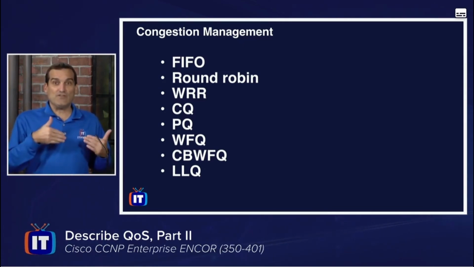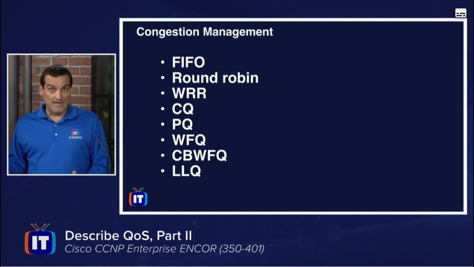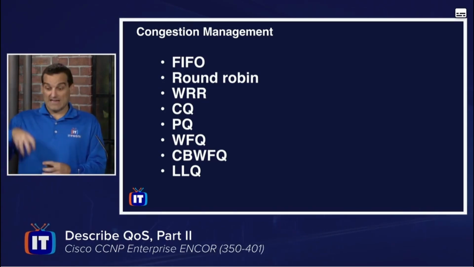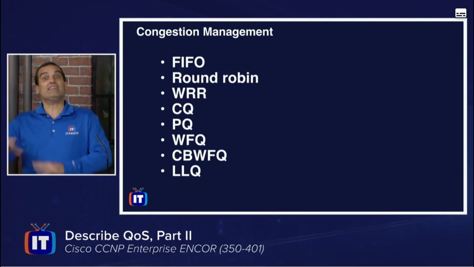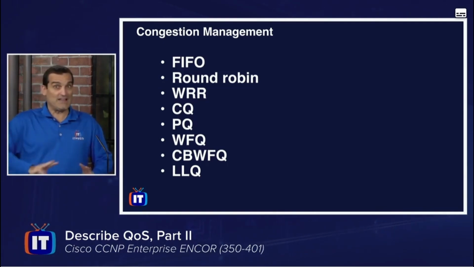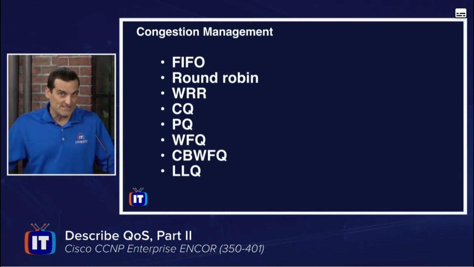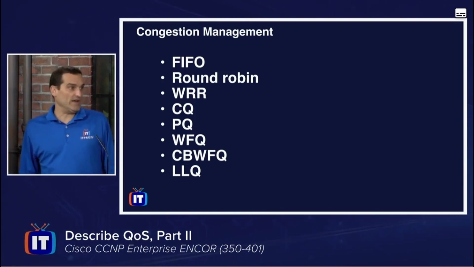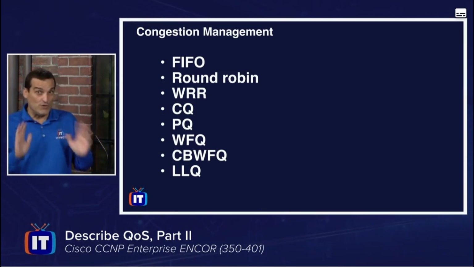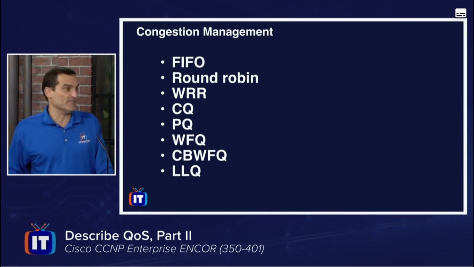If you're using voice over IP, you do LLQ, because LLQ gives a strict priority class to the voice and then does class-based weighted fair queuing automatically for everything else, and it works great. If you're not using voice, then you could use class-based weighted fair queuing. But those last two are the congestion mechanisms of the future.